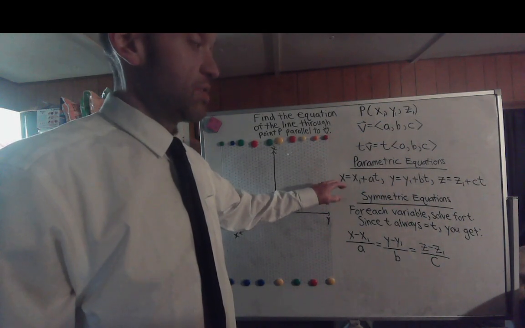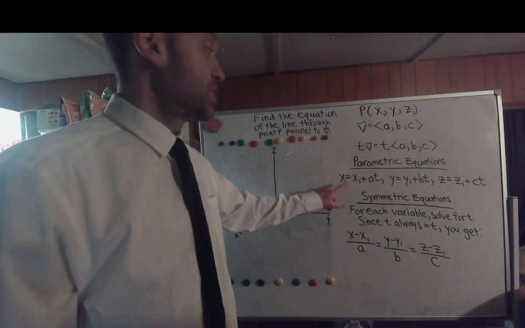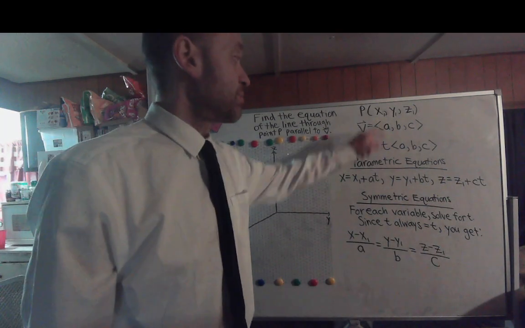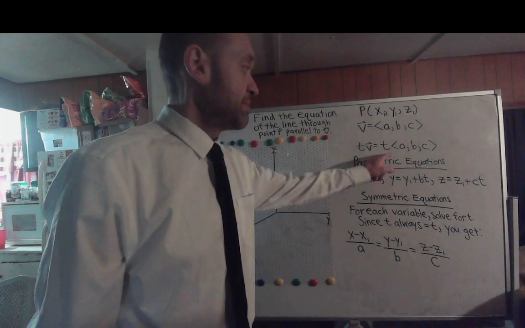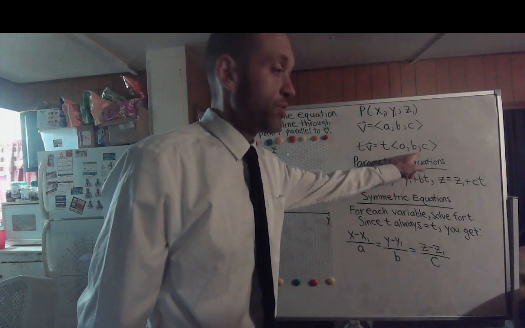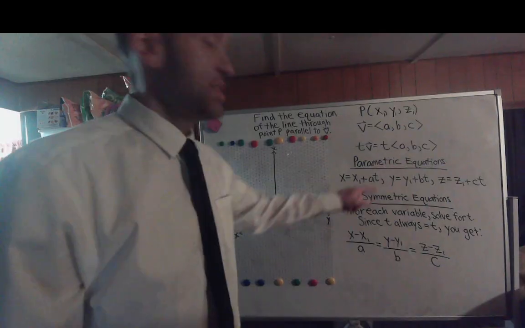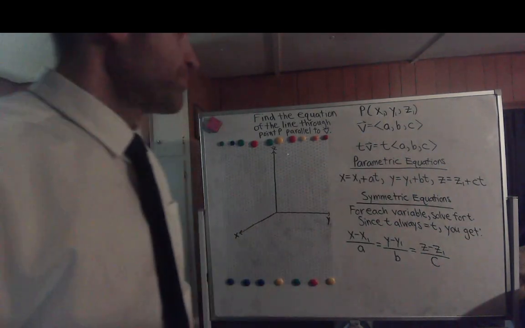But to find the parametric equations of a line, it's going to be x equals x sub 1 plus that direction number a times t. If you distribute that t through your vector, it would be a times t for your x component.